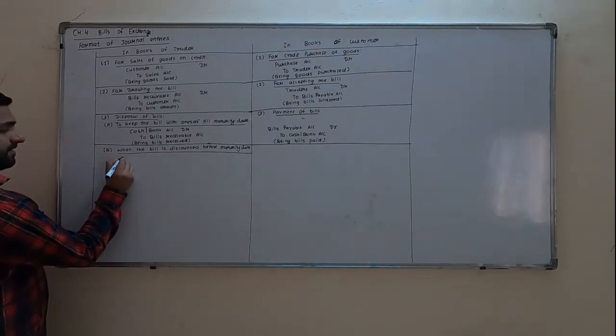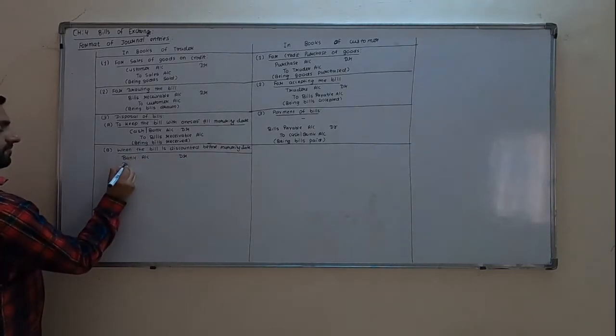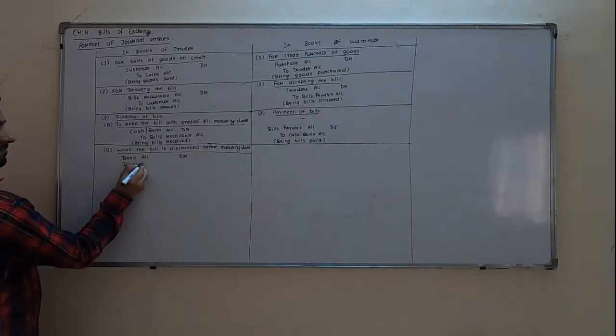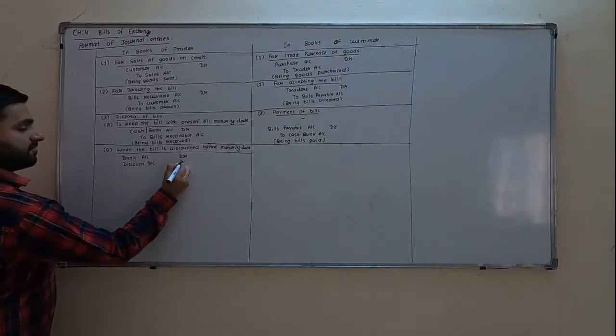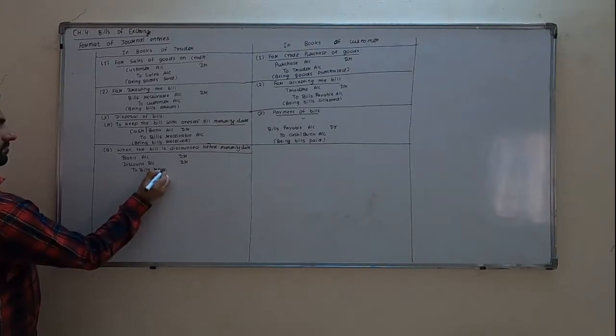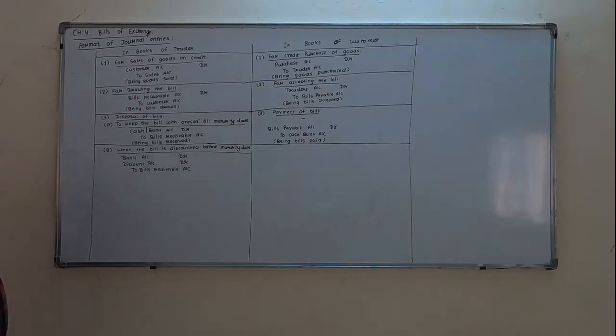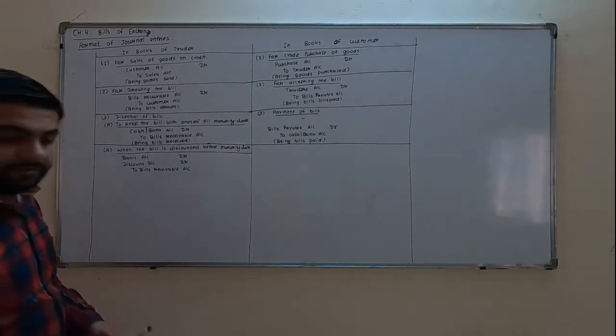So before the maturity date, we are going to discount the bill. So entry would be bank account debit, discount account debit, to bills receivable account. I have not written the heading.